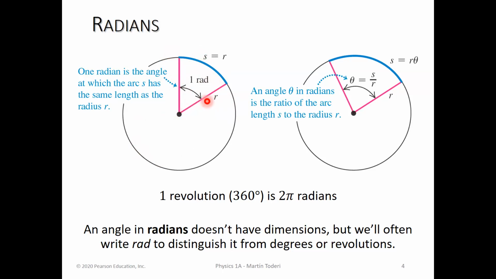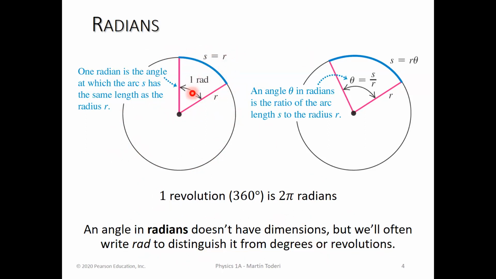So one radian would be the angle at which the arc S is equal to the radius R, right? So the whole rotation is 2 pi. And the angle in radians doesn't really have dimensions, but we write rad to distinguish it from degrees or revolutions.